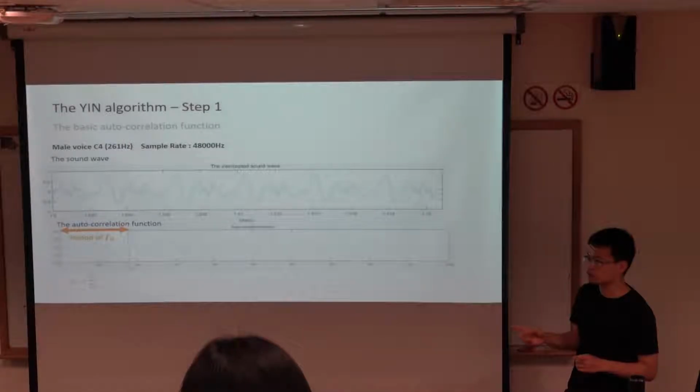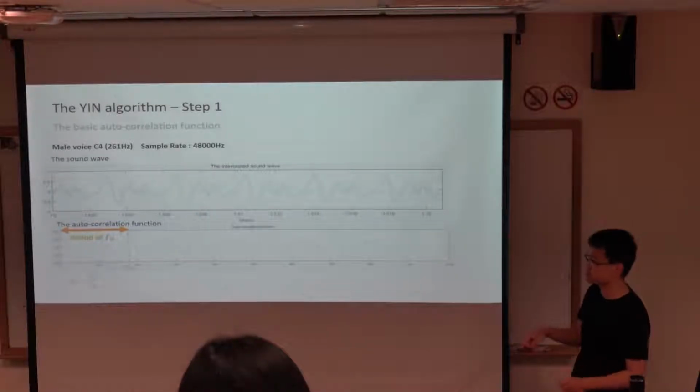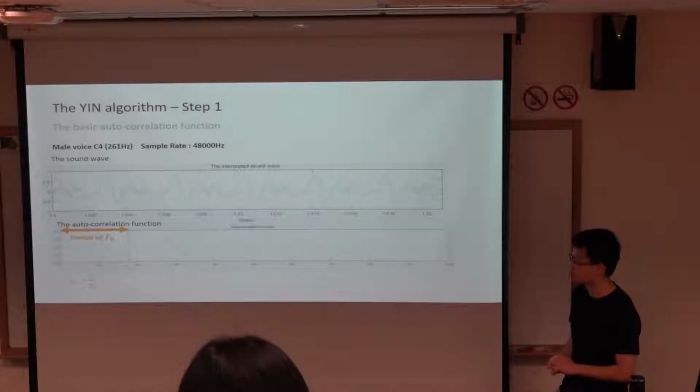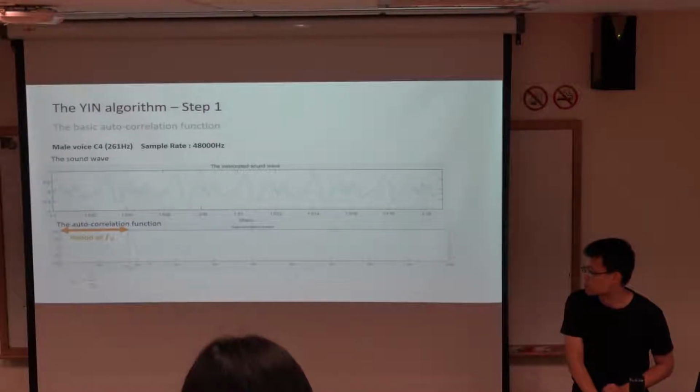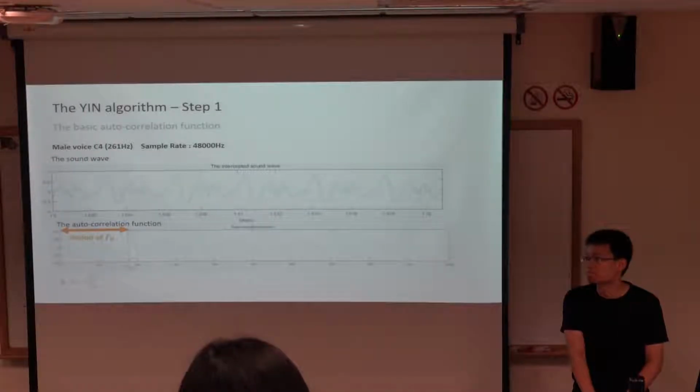And that's the signal fundamental period. So how do we transform from period to frequency? We just use 1 over period, that's the frequency. So if we detect the first peak of the autocorrelation function, we get the fundamental frequency.